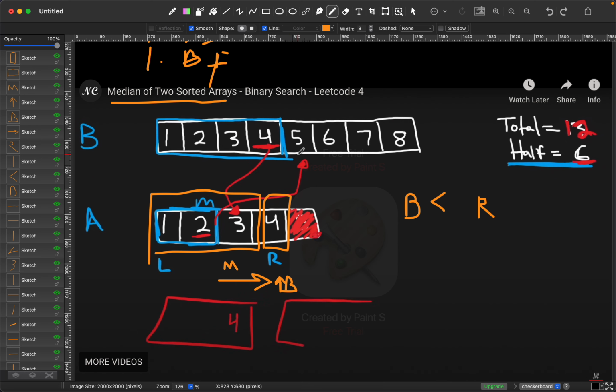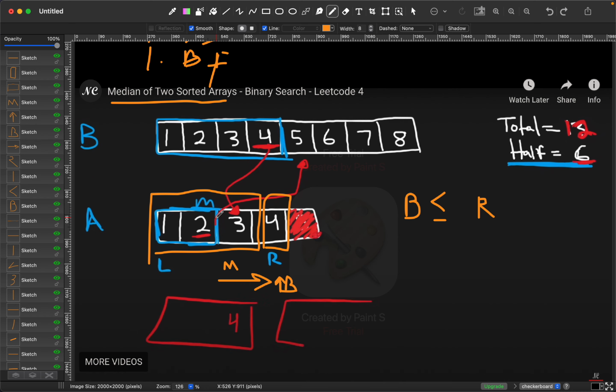Now this question is going to be asked again. Is my B less than or equal to R? It fulfills the criteria, 4 compared to 4. So it's 3 now. We need to transform to half 6, right? Interesting.